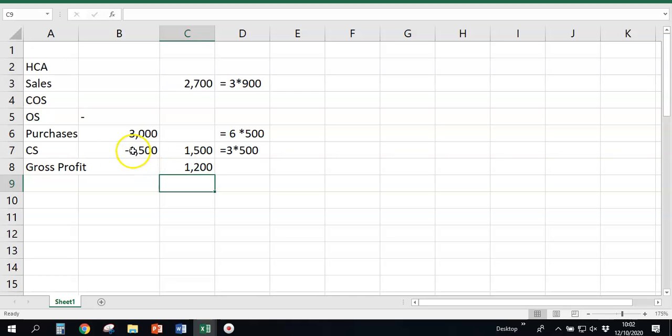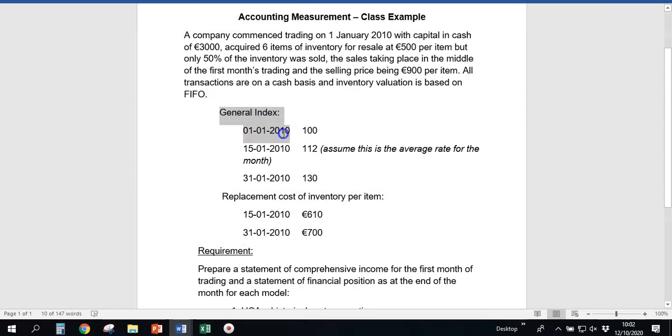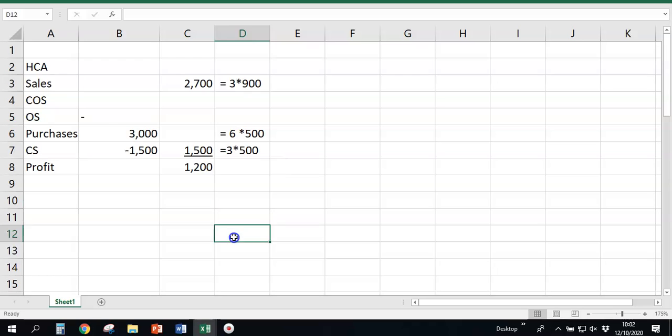So that's your profit. We would call it gross profit, but we just call it profit because there are no expenses here. So your profit under historical cost accounting for the year is €1,200, and that's using the historical cost of 500. We don't worry here about the general price index, and we don't worry about the replacement cost, because that's not how historical cost accounting works.